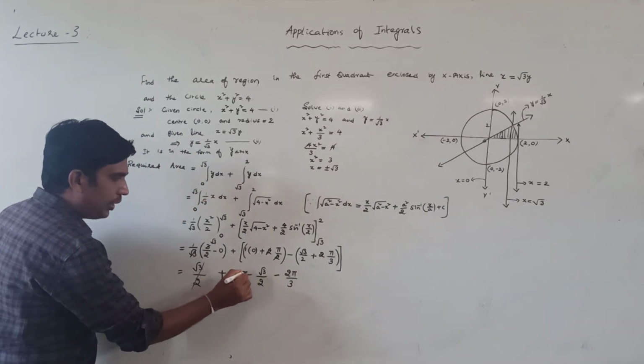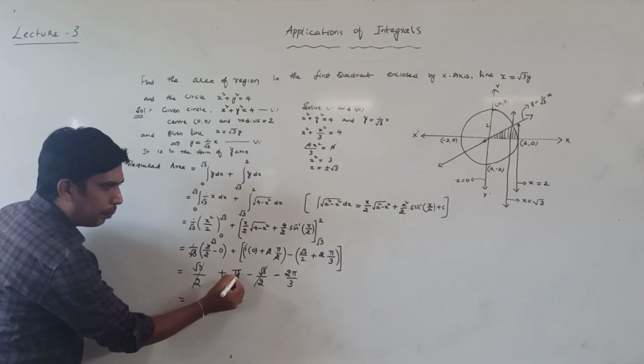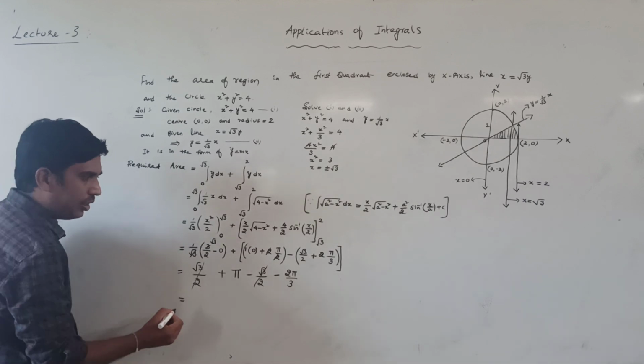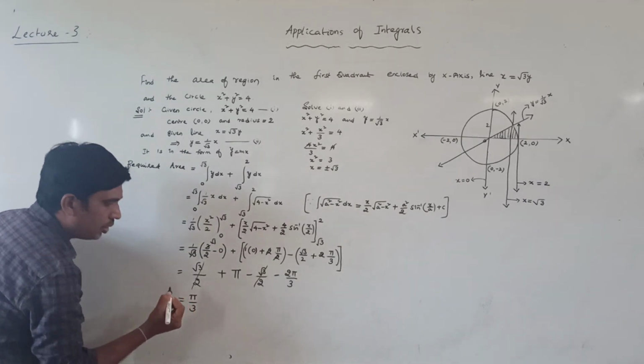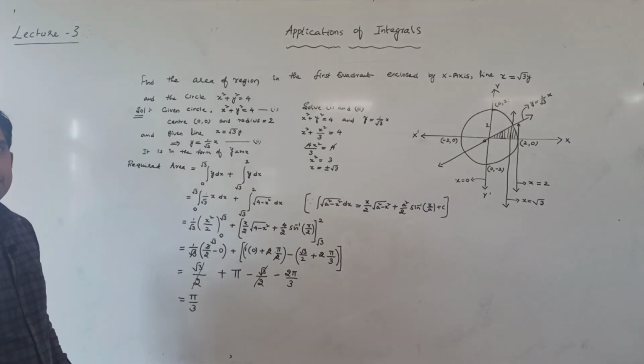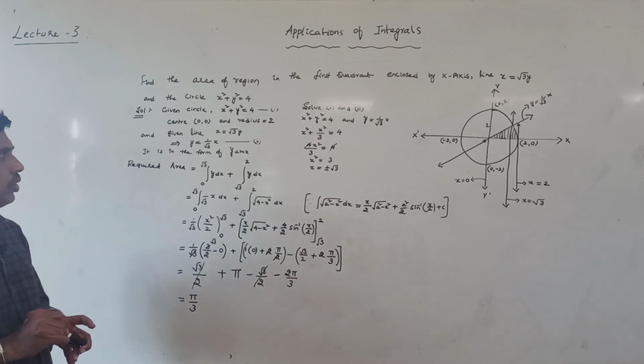So plus root 3 by 2 minus root 3 by 2 cancels. What remains? Pi minus 2 pi by 3. What is pi minus 2 pi by 3? Nothing but pi by 3. So this is the required area.